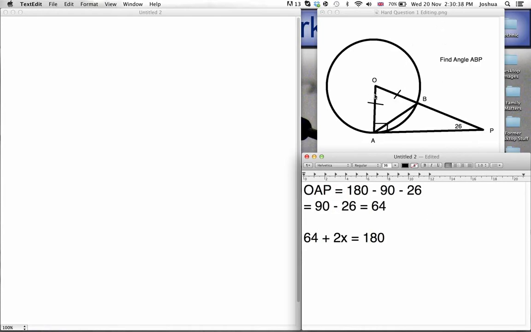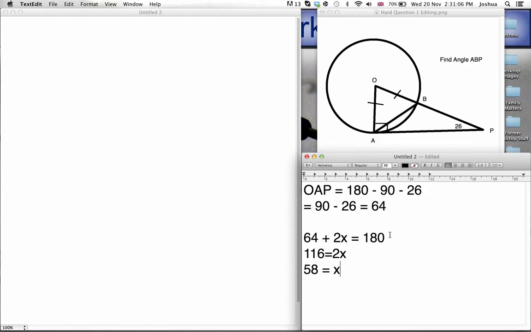Now, what can we do about that 180? We can cancel it down, I think, so it would give us 116 is equal to 2x, which should give us 58, was it? I think it was 58 is equal to x. I'll just run that through my calculator, guys.